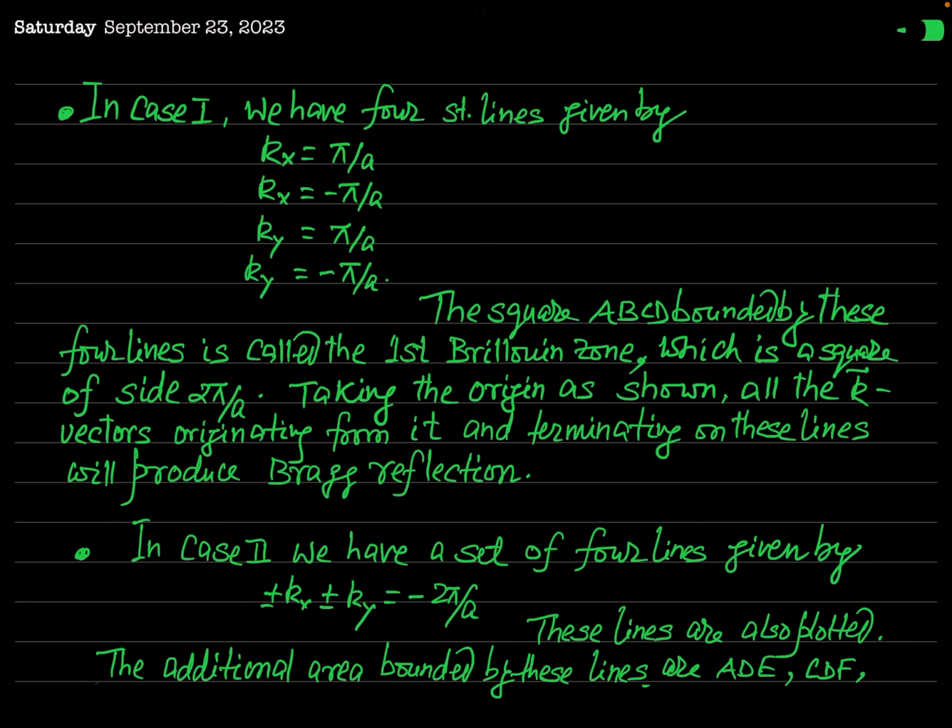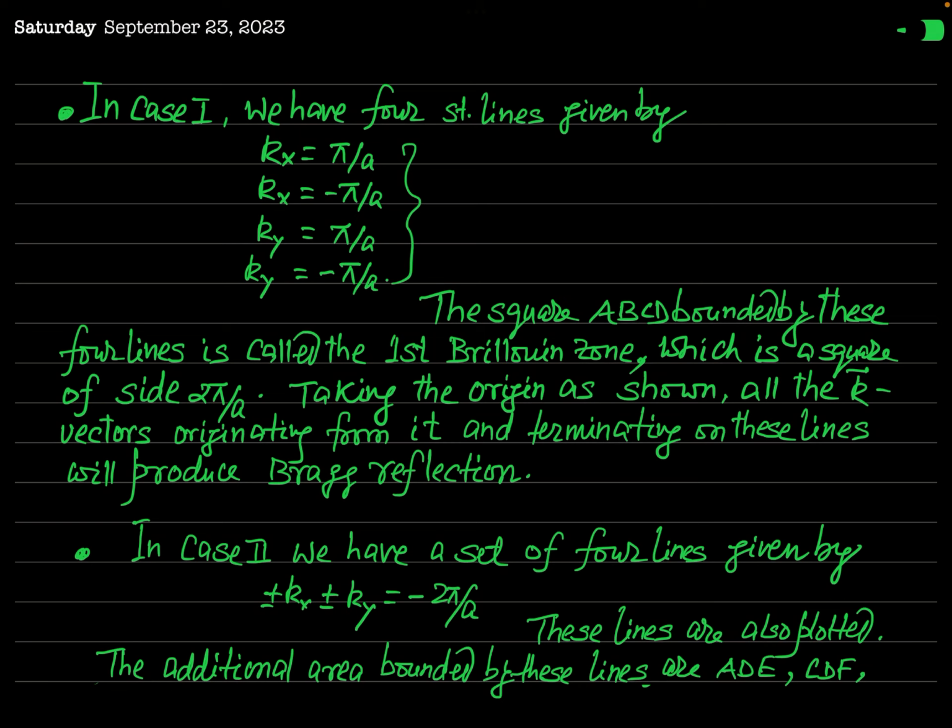Actually, all these things I have mentioned here. You can see that in the first case, all these four equations represent straight lines, as you have seen in this figure. And I have mentioned those facts for your convenience. You can note down these things in your notebook.